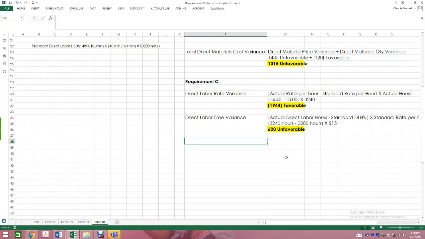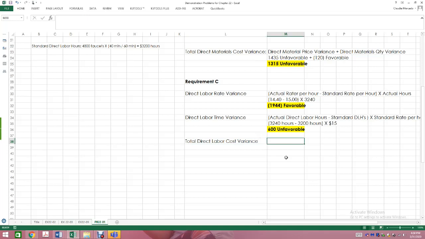The last calculation we have here is our total direct labor cost variance.